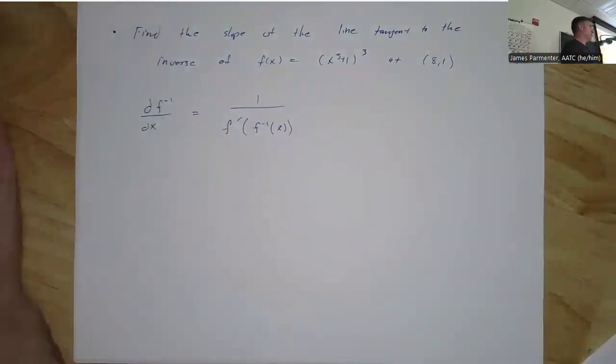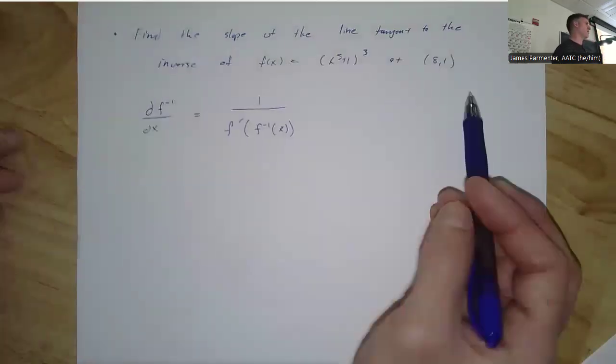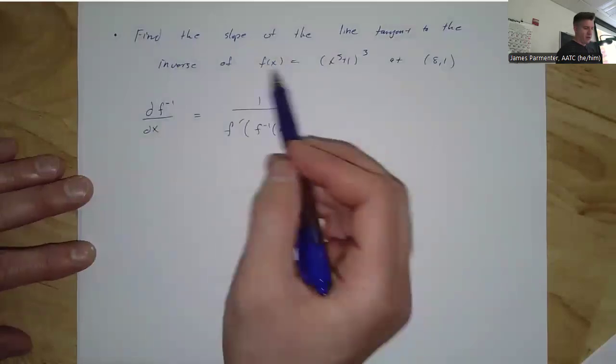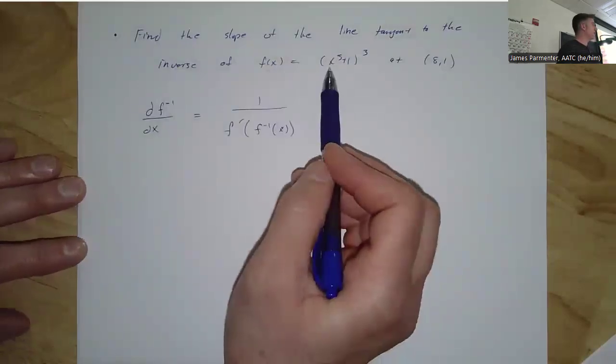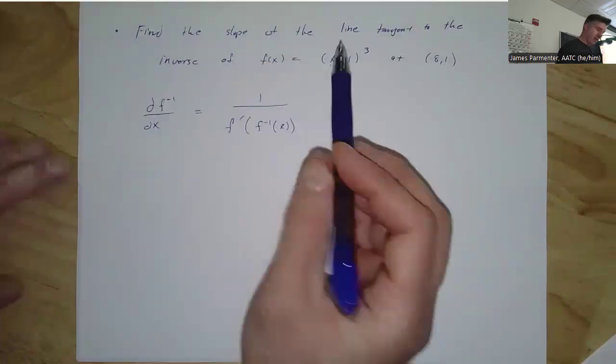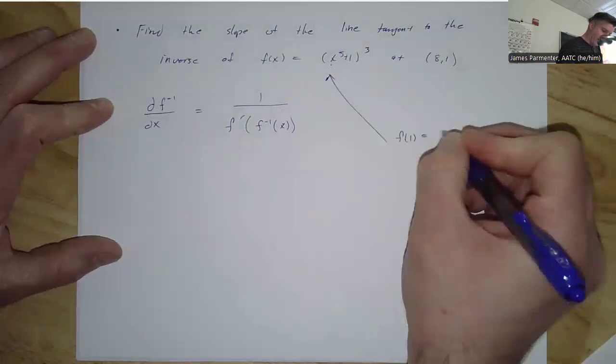Okay, so let me ask you, is 8 comma 1 the point on the function or the point on the inverse? Let's see here. If you plug in 8 here, do you get 1 out? Definitely not, right? This is showing me, oh yeah, we know that f of 1 is equal to 8.